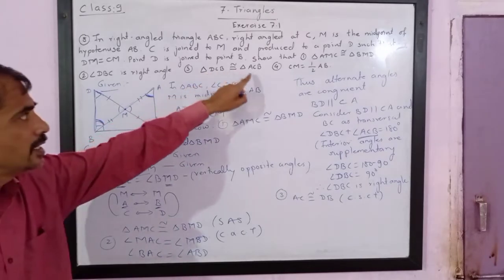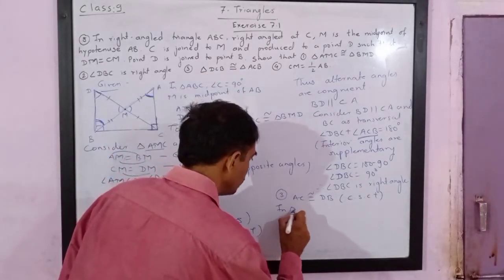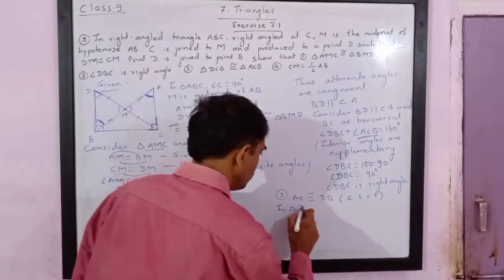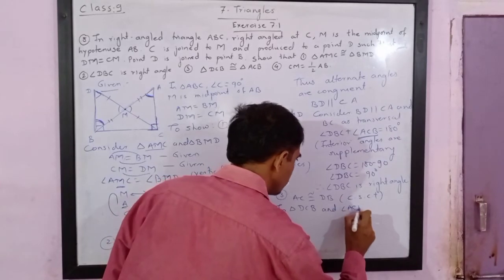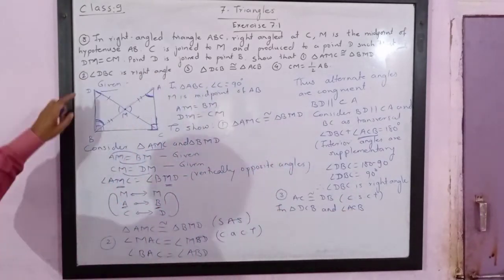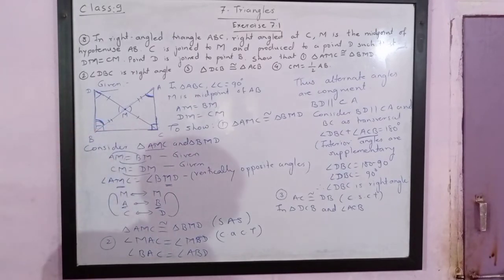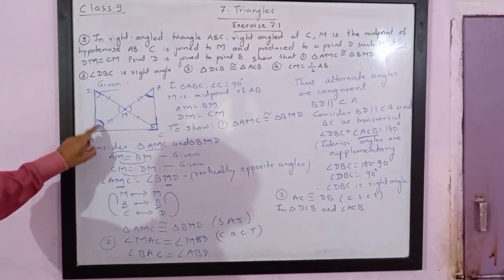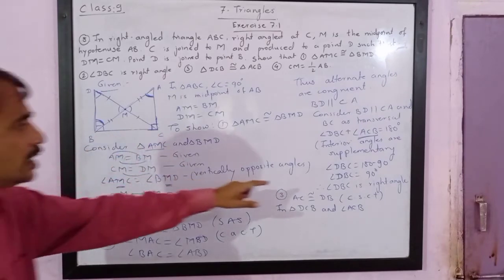Consider the triangle DCB and triangle ACB. In triangle DCB and ACB, please watch carefully. We have this angle B is equal to angle C. Reason is each is 90 degrees.